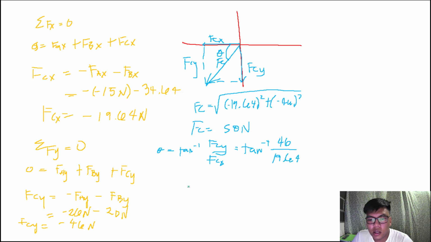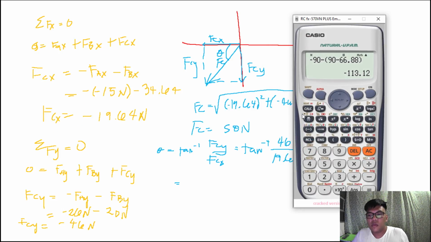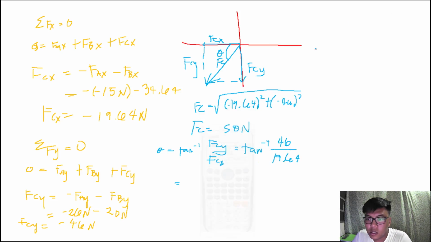So basically, ang makukuha natin dyan is still, okay, ikutin natin sa calc para hindi malito. 46 over 19.64 Newton. So that is 66.88 pa rin. So we have 66.88 degrees pa rin.